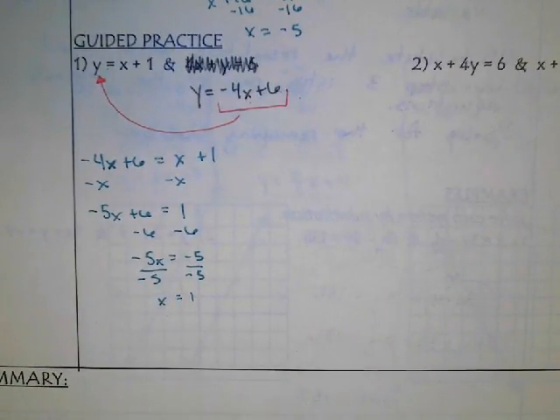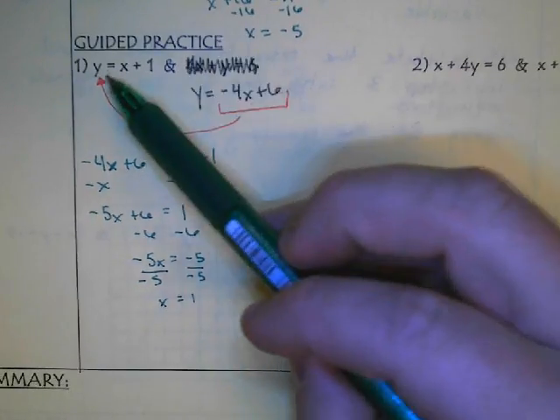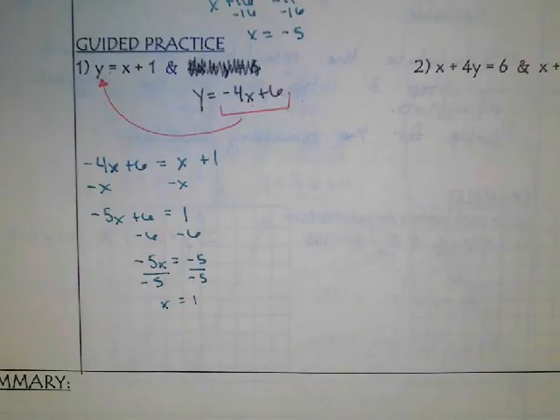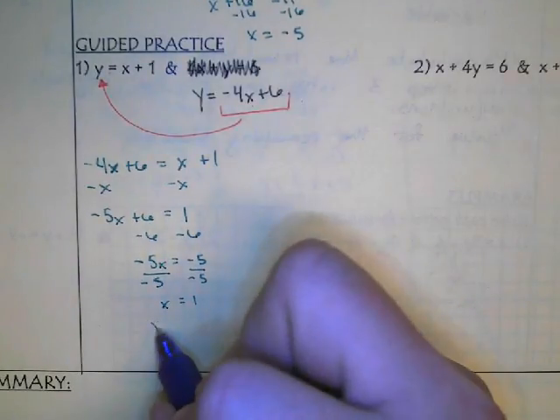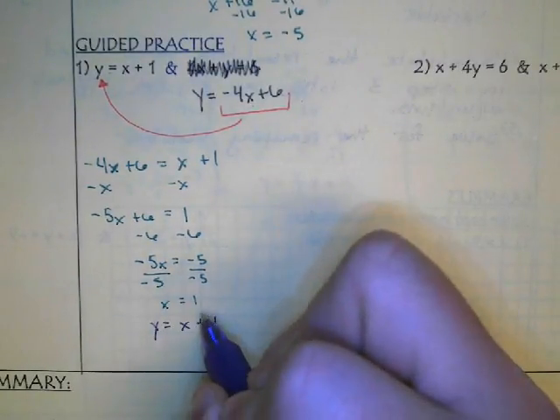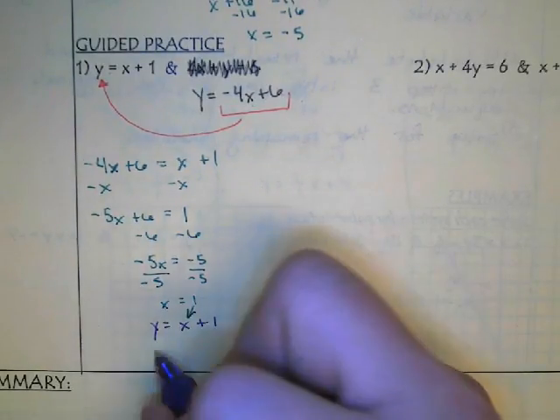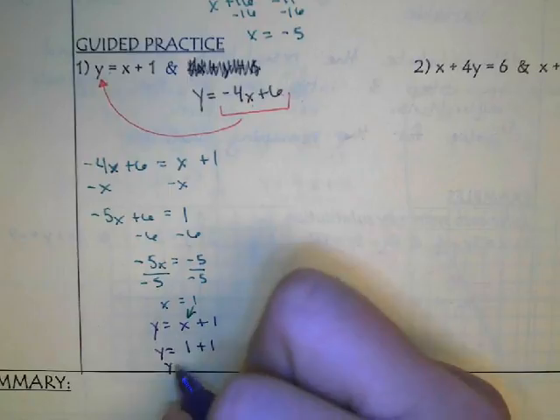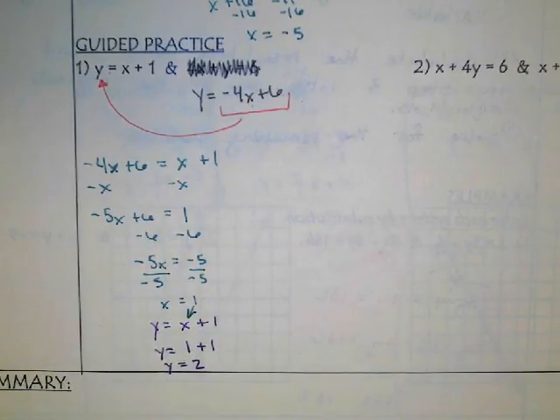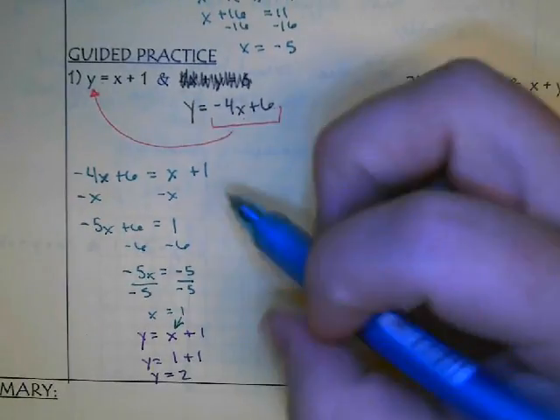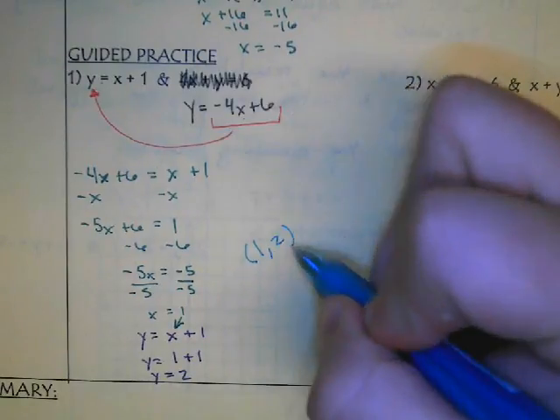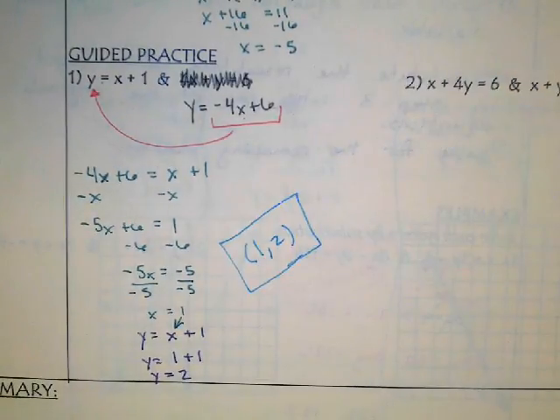If you look just for a second, it's often easy to see which one's the best. This one says y equals x plus 1. That looks like that's going to be pretty easy. So I'll do y equals x plus 1. I'm plugging this 1 in. So we have y equals 1 plus 1, or y equals 2. And then we'll write our answer as a point, 1, comma 2, and we're done with that problem.